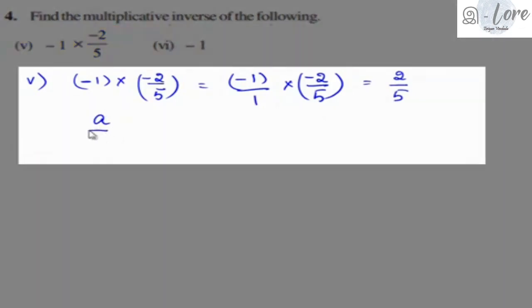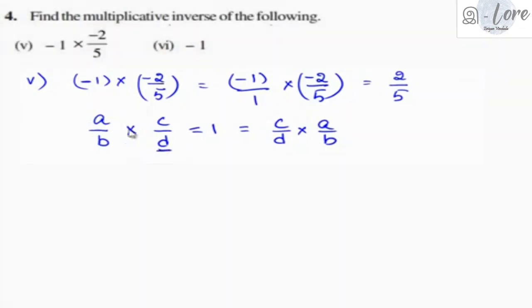For every non-zero rational number a by b, there exists another rational number c by d such that a by b into c by d is equal to 1, which is equal to c by d into a by b. Here c by d is the multiplicative inverse of a by b. Similarly, a by b is the multiplicative inverse of c by d.